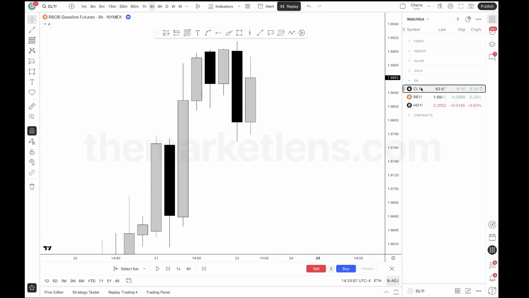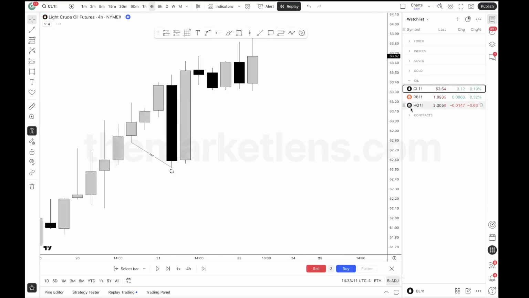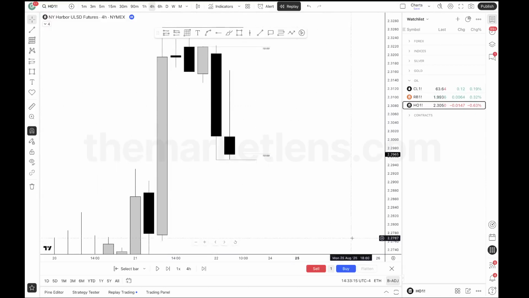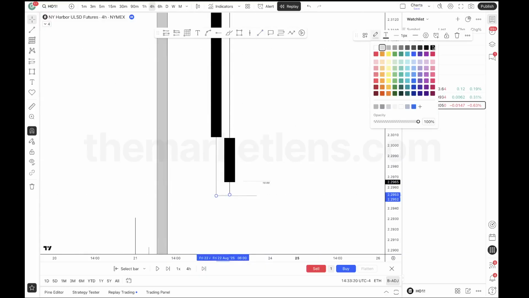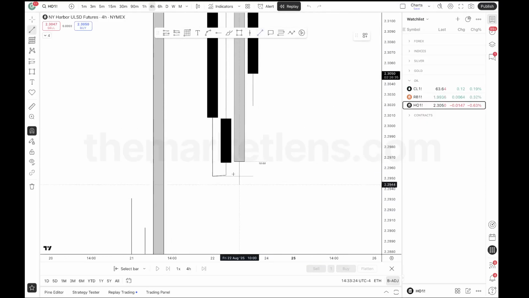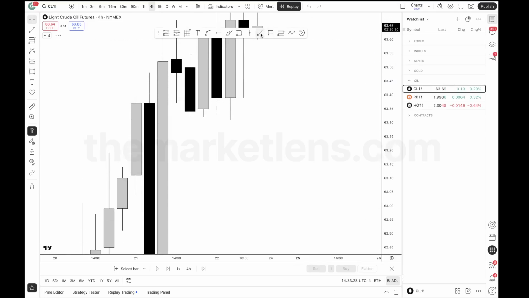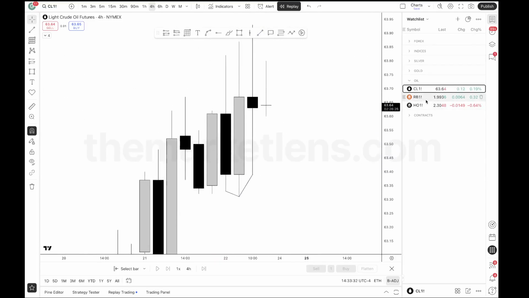So at this point, you already have that PSP, as you see, right? Now look right here. You have an SMT here, right? Then it takes out this previous candle's low. On CL, you see that two-stage PSP right here, right?